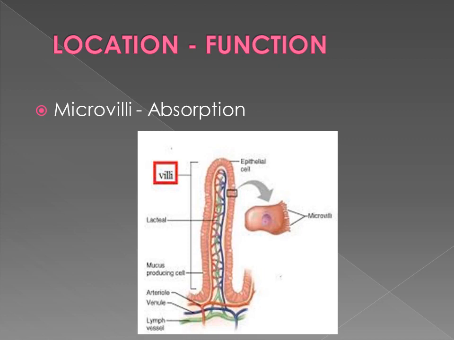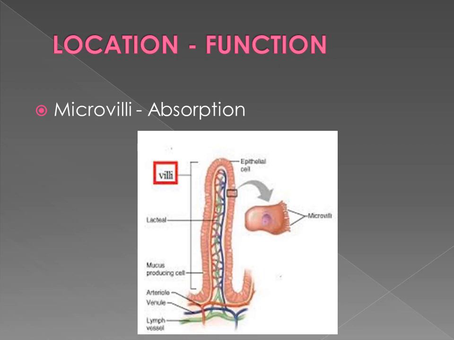So this is the first one, that is microvilli. Where is this microvilli present? It is present in the small intestine of the digestive tract. After the stomach, it leads to the small intestine. In this digestive tract, until the small intestine, the digestion process takes place.